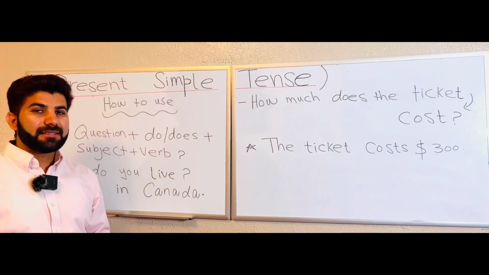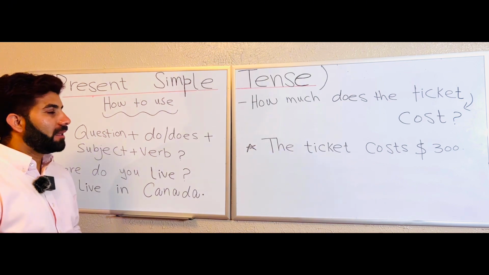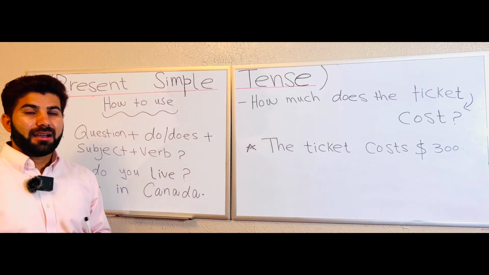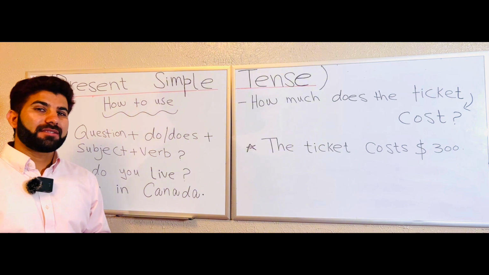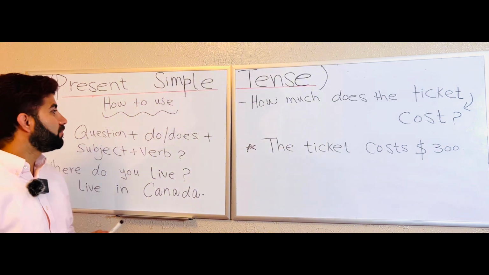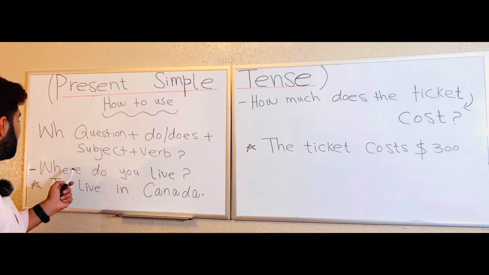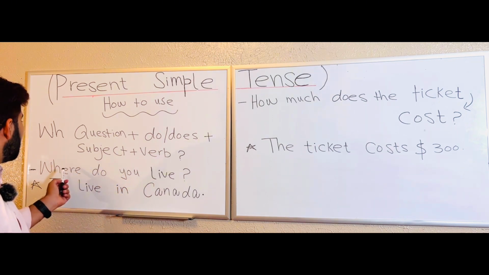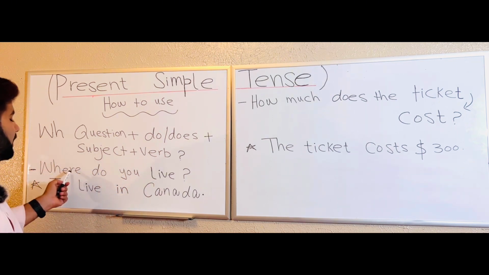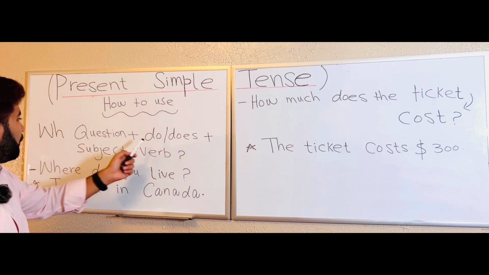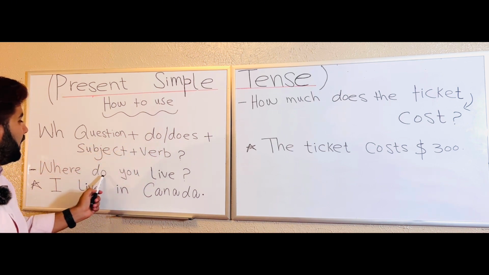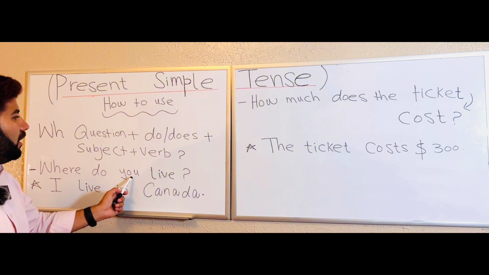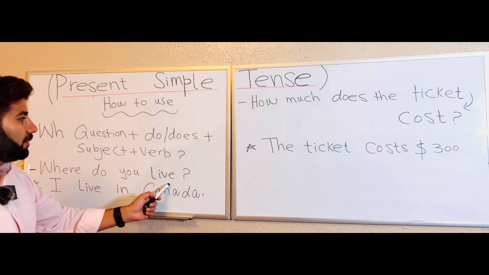In the present simple tense, now we will be learning how to make the WH question structure and answer. In this sentence, where do you live? We brought the WH question, and then do, then the subject you, and then the verb.